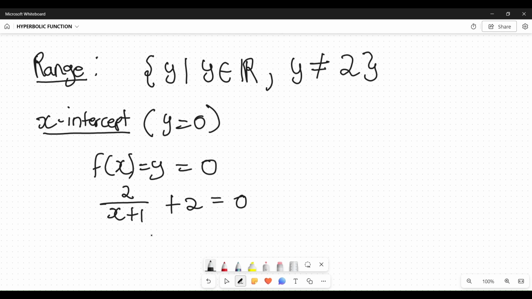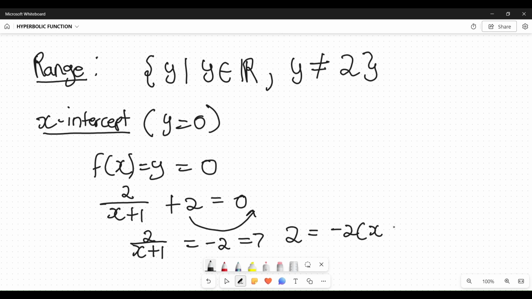Now we are solving for x. Transposing this positive 2 to the other side to be negative 2, we get 2 divided by x plus 1 equals negative 2. This is the same as 2 equals negative 2 multiplied by x plus 1.